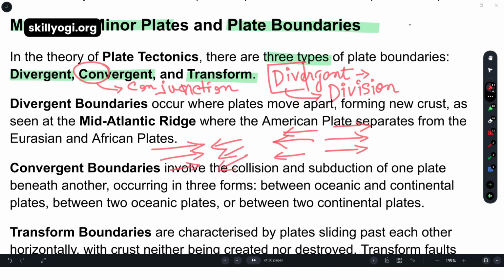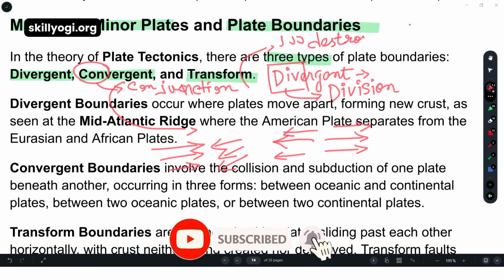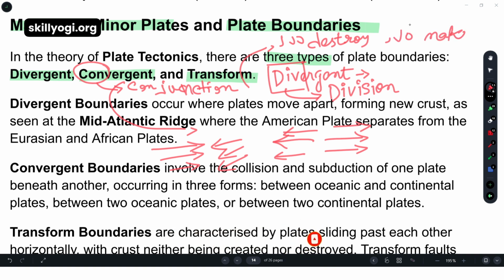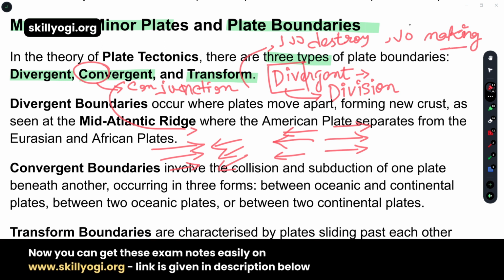Okay, that is called the convergent plate boundaries. And transform means there is no destroying and no making. Nothing is created, nothing is destroyed for these transform plate boundaries.